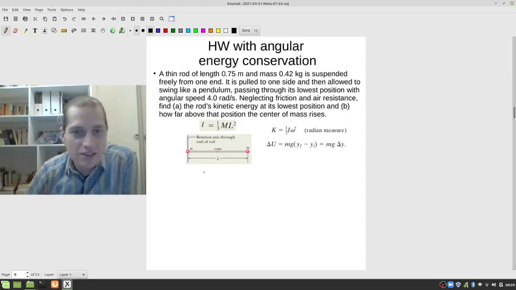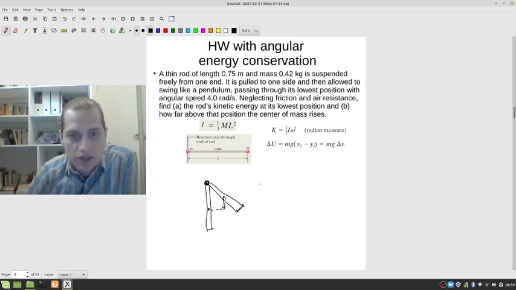The idea is that the kinetic energy of a rod that's rotating around its end gets transferred into the gravitational energy when it goes up. And so what's changed is that your center of mass has gone up by some height.